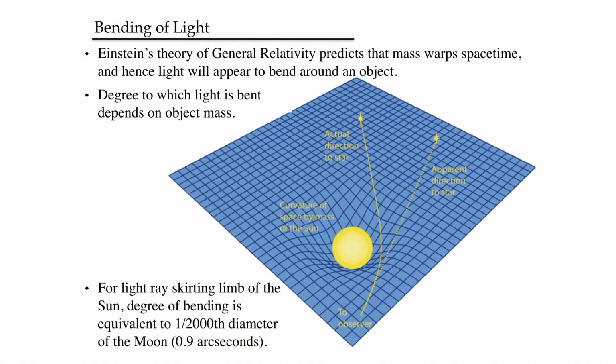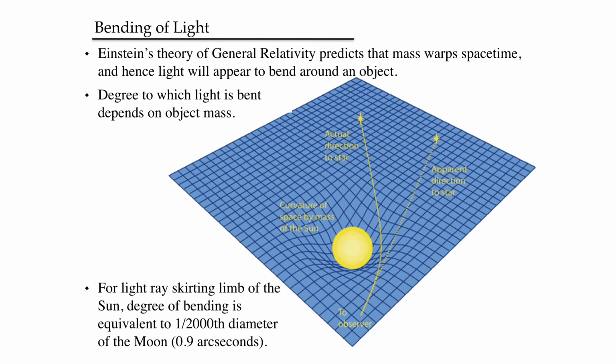The amount of bending is 0.9 arc seconds. Now that may not mean very much to you, but the displacement between the actual position of the star in the sky and the position we measure it, because the light is bent by the sun, is about 1/2000th the diameter of the moon.